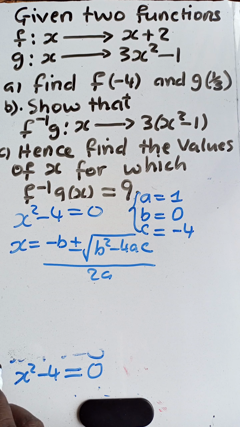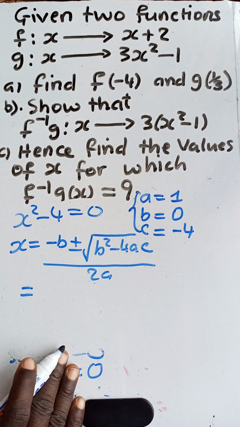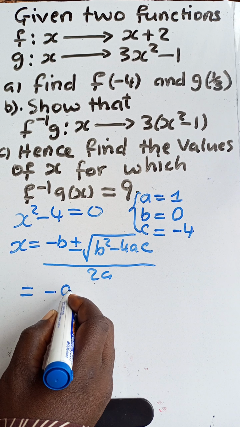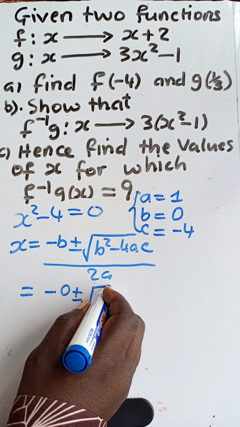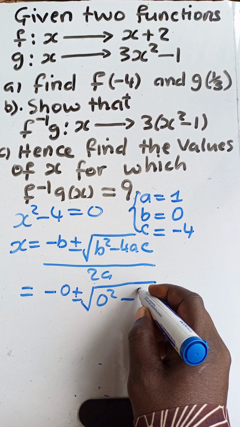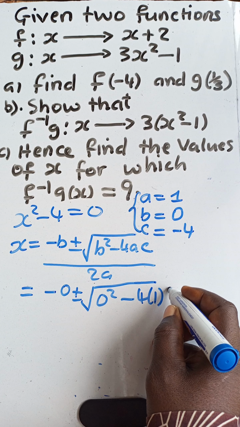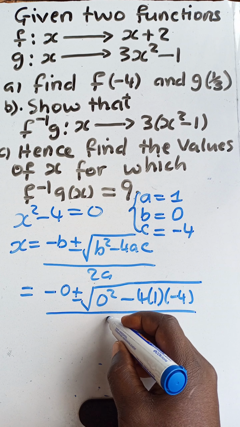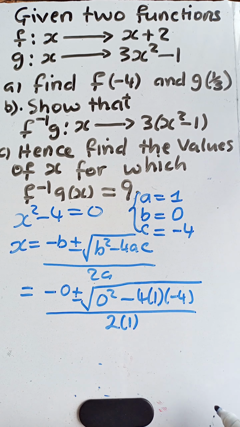If we put everything there to compute, then we're going to have negative b, negative 0, plus minus the square root of 0 squared minus 4 into a into c, all over 2a.